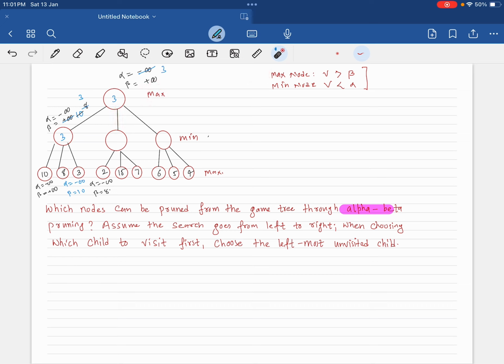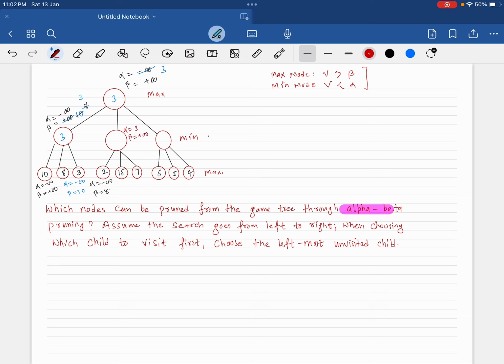According to the condition, v is 3, is it greater than beta, which is plus infinity? No, that means we will explore the subtrees now with alpha equal to 3 and beta equal to plus infinity.